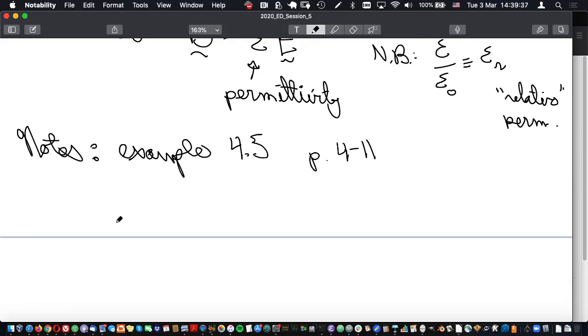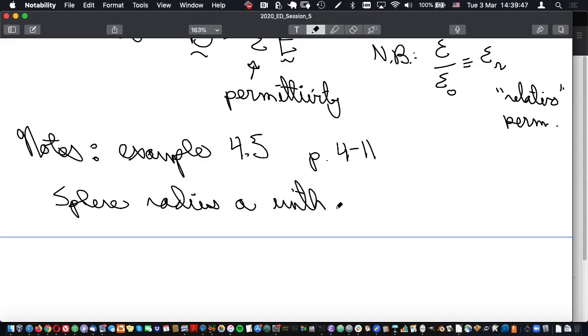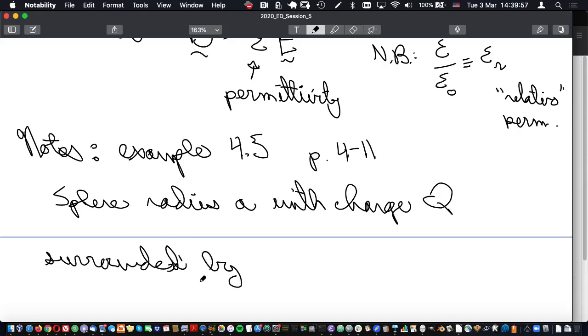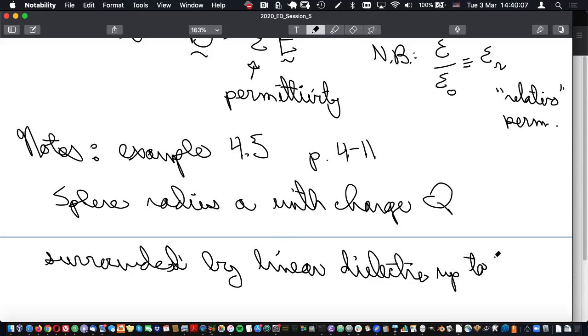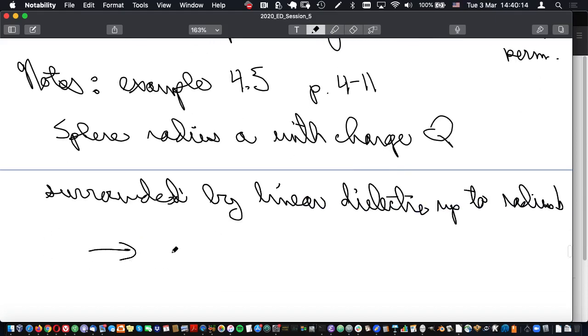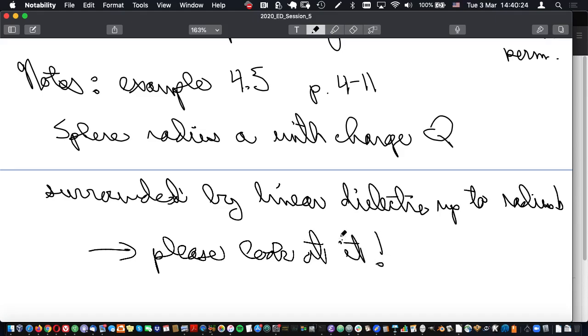It's a sphere of radius A with charge Q, and it's surrounded by a linear dielectric up to radius B. Again, I'm going to leave you to look at it because it's a very straightforward thing. You're asked to compute what the field is.